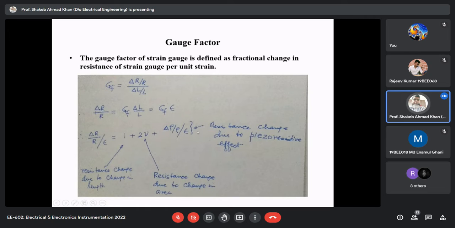In metallic strain gauges this term is neglected because it is very small, so only these two terms define the sensitivity of metallic strain gauges, but semiconducting strain gauges have this term also. So obviously the gauge factor, or the sensitivity, of semiconductor strain gauges will be more, and this is a desirable attribute.